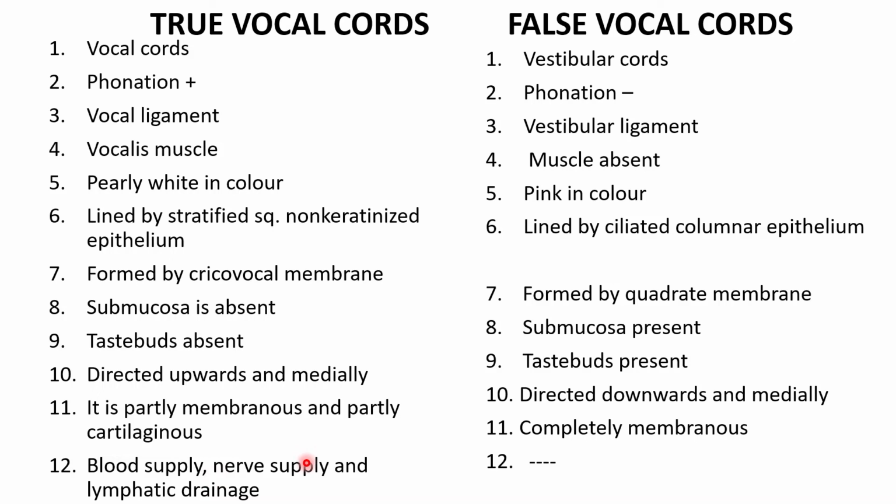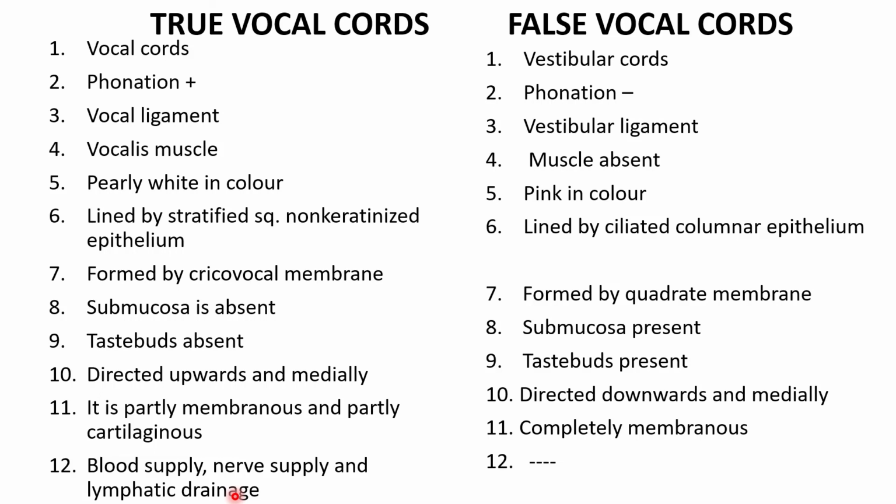When we talk about the nerve supply, the sensory nerve supply of the mucous membrane above the vocal cord, that is the false vocal cord, is by the internal laryngeal nerve, whereas the vocal fold is supplied by the recurrent laryngeal nerve. Moving on to the lymphatic drainage, above the vocal fold the lymphatic drainage is by the prelaryngeal and the jugulodigastric group of lymph nodes.